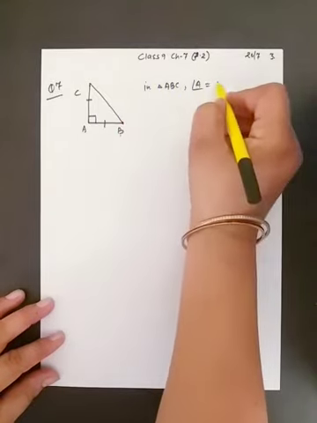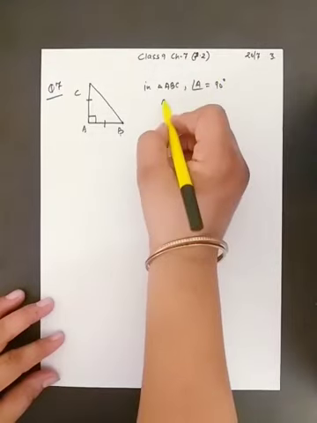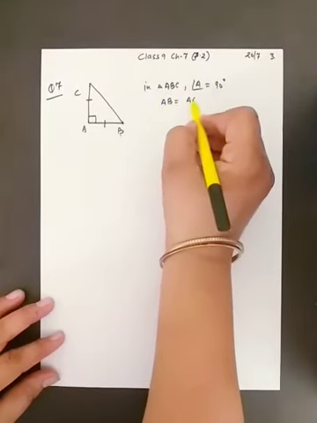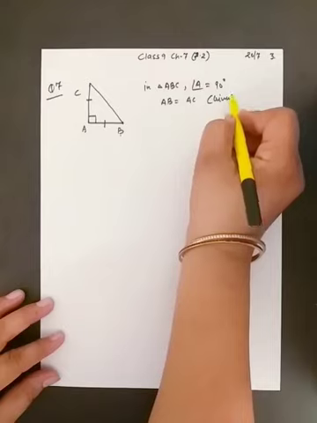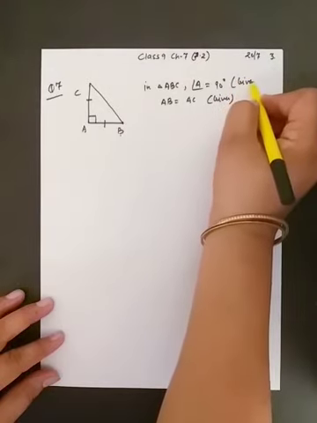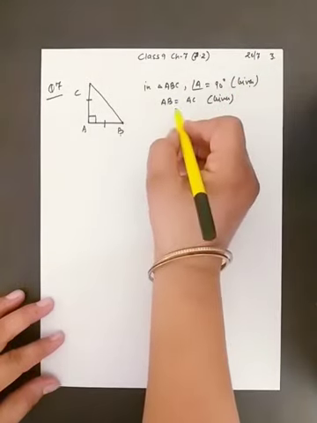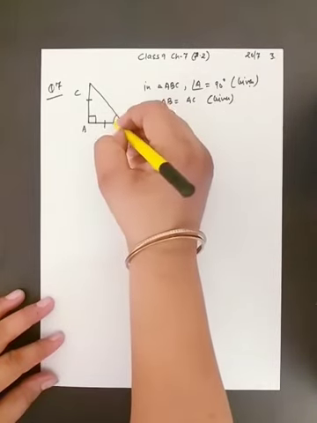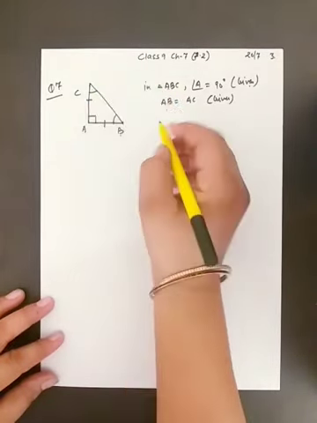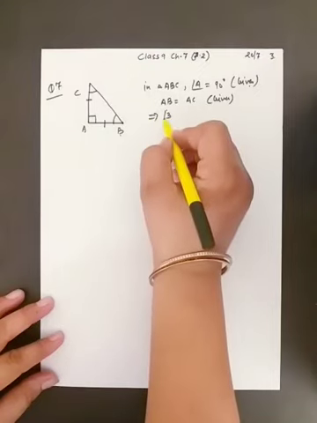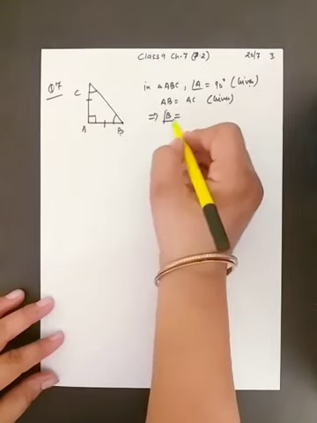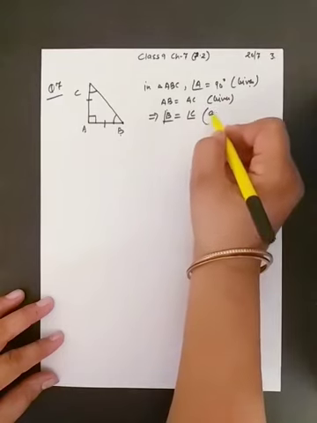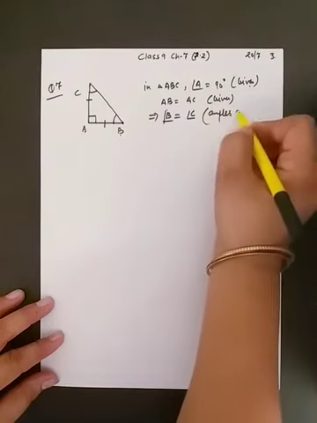Very simple question. Angle A 90 and AB is equal to AC is given. This is also given. So side AB and AC are equal. Therefore, you can say angle B is equal to angle C. This gives angle B is equal to angle C. Angles opposite to equal sides.